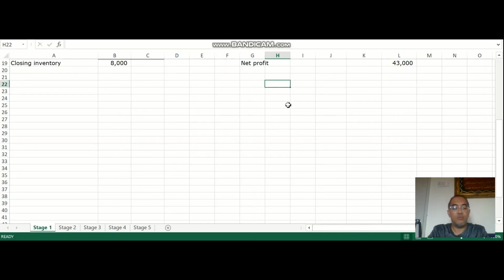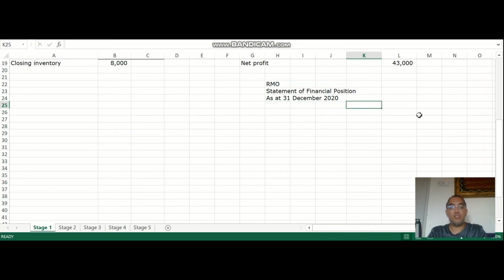So I will put here, this is RNO, the name of the business, and statement of financial position as at 31st December 2020. So as at that date, we will know how much is our asset, liability, and capital.